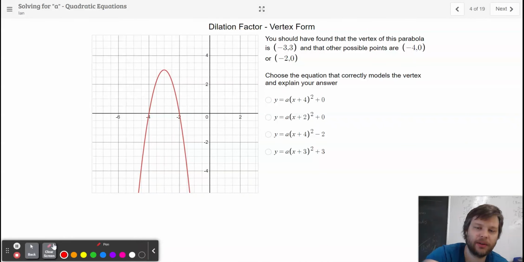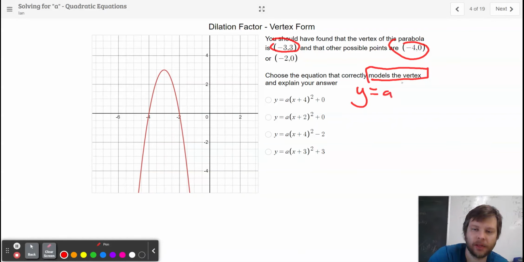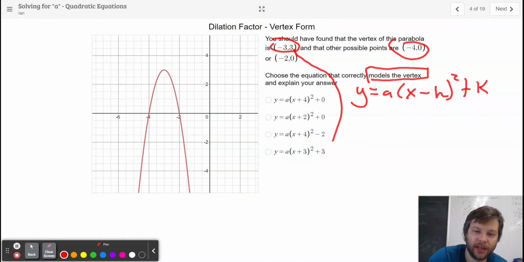Like I mentioned here, you have your vertex and other possible points. Now it asks us here to choose the equation that correctly models the vertex. Well, the vertex tells me to go x minus h squared plus k. So I want to make sure that I have a plus 3 on the end, and I want to make sure that I have a minus negative 3.